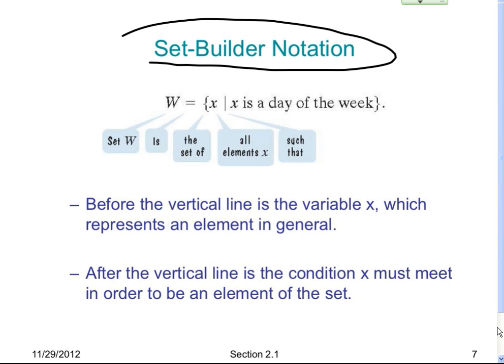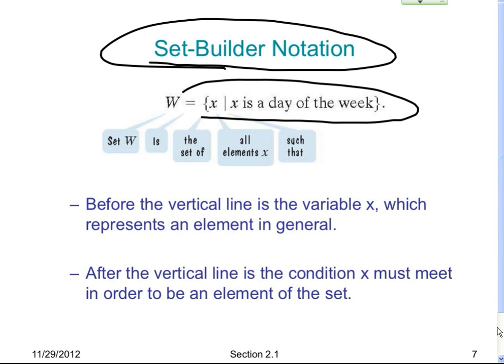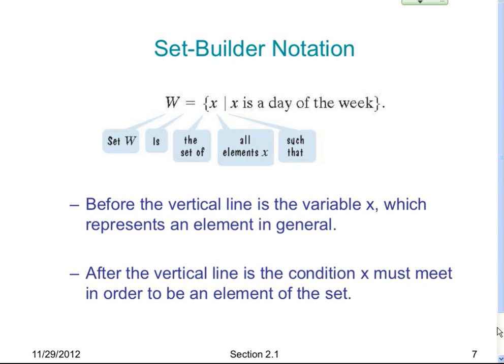Set builder notation looks like this. This is how this is read. We would say the set W is, or is equal to, the braces mean set, the set of all x's. The straight up line is such that x is a day of the week.